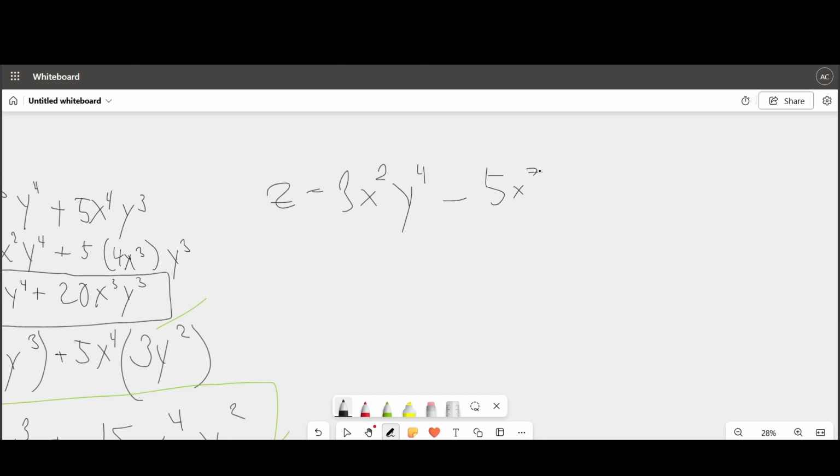Okay, so we have z equals 3x squared y to the power 4 minus 5x to the power 7.